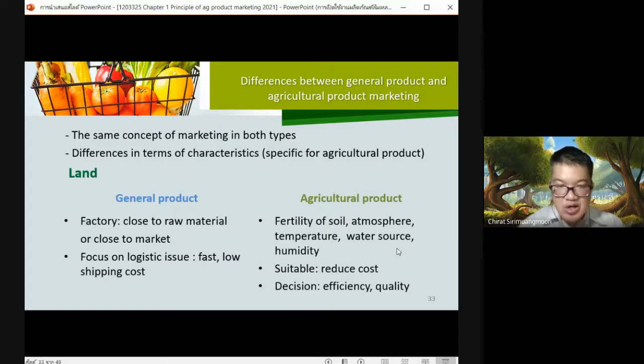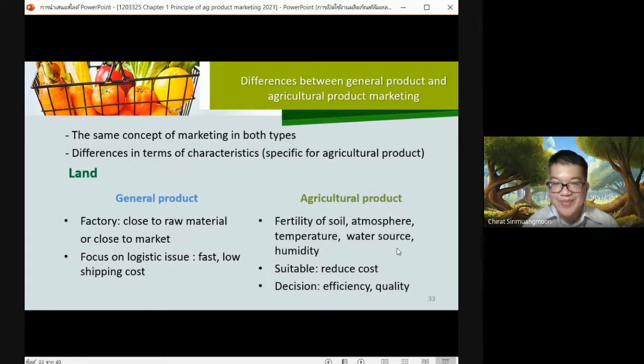But for agricultural products, think about how you need to grow plants, fruit or vegetables. So in this case, the land or the soil should be considered. You need to have good soil, I mean, in terms of fertility, it should be abundant or have good quality.